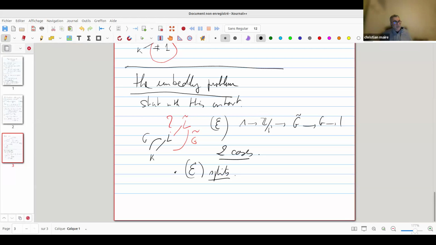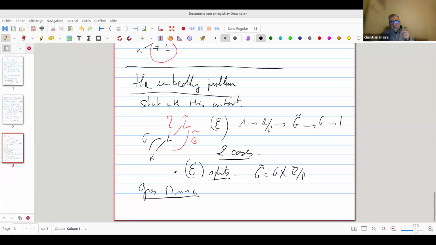In fact, remember two weeks ago, Ravi spoke about a Grunwald-Wang type result. We just apply a Grunwald-Wang type result. It means that in this case, G tilde is the direct product of G times Z mod P. And you want to construct a Z mod P extension of K which is different from L over K, so it's easy.